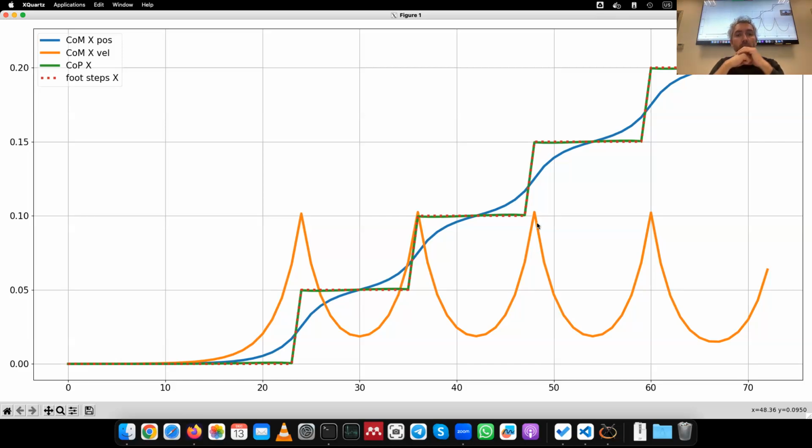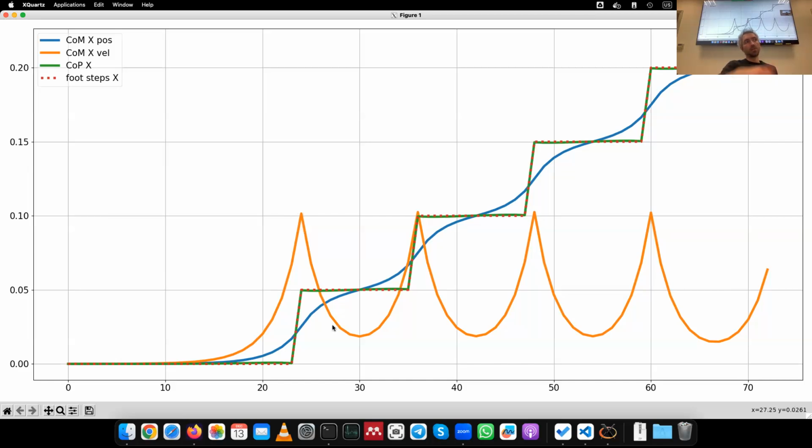Okay. So of course, these spikes correspond to the moment where we move from one footstep to the next one. Because when we do that, basically our center of pressure jumps from one foot to the next, and that creates a discontinuity in the acceleration, which we can see because here the velocity is non-differentiable.